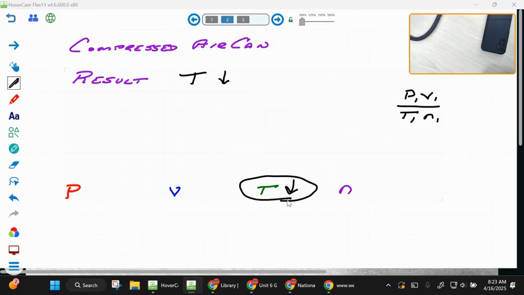This can is no different in size now than it was originally, correct? So could volume have caused the temperature to go down? No. Volume is off the board, ladies and gentlemen. Volume could not have caused this change because volume did not change. Next thing. What about P and N?